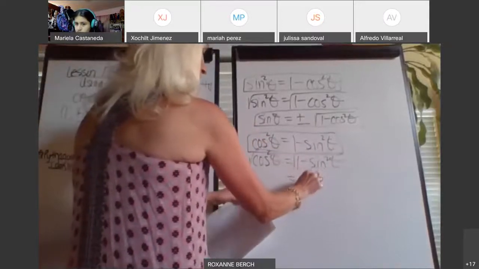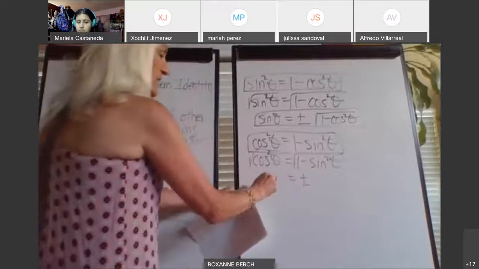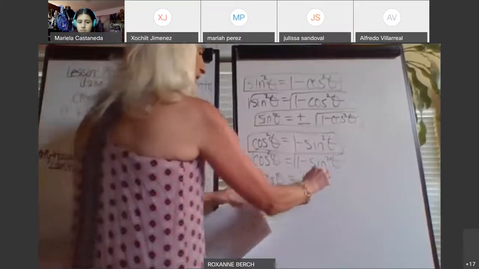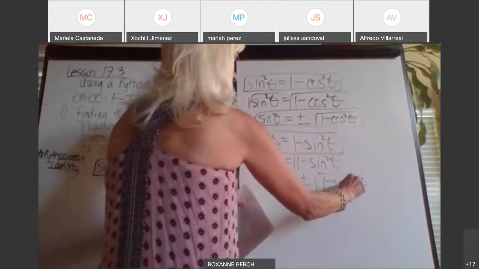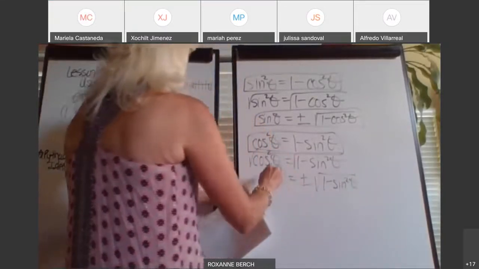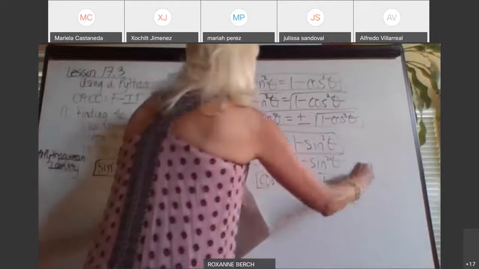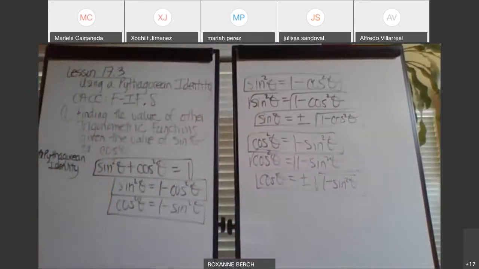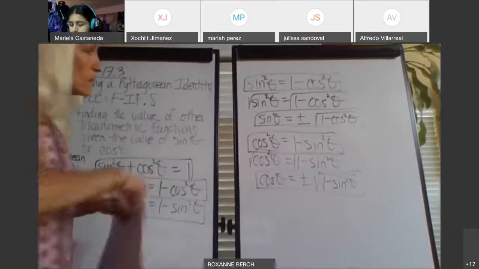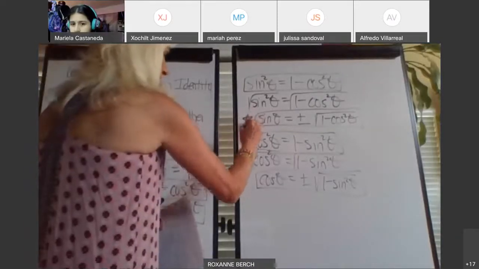Don't forget plus or minus. So on the left, you get cosine of theta, and on the right, you get plus or minus the square root of 1 minus sine squared theta. So you're going to be using this one and this one.